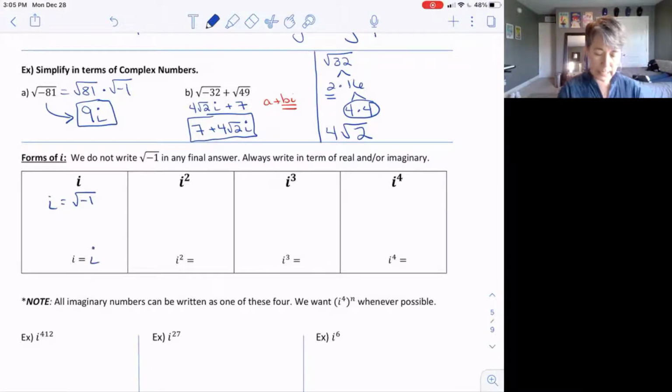But notice if we have i squared, that means we are taking the square root of negative 1 and squaring it. So if you were to square the square root of negative 1, technically that just leaves you with your radicand, which in this case is negative 1.